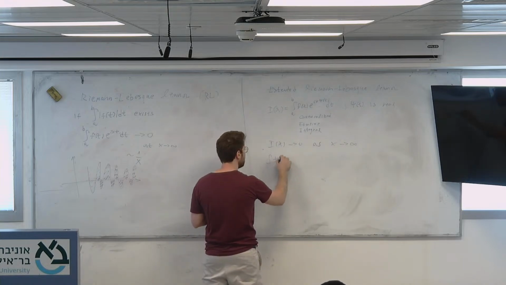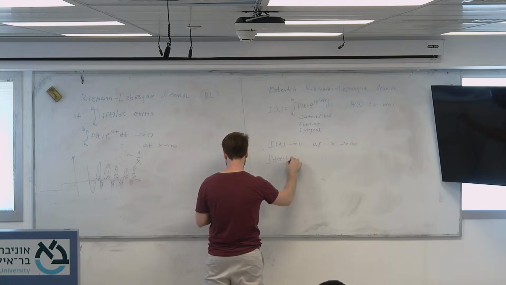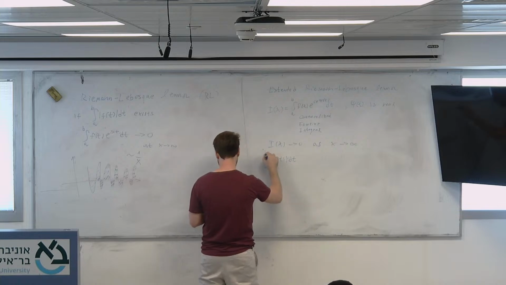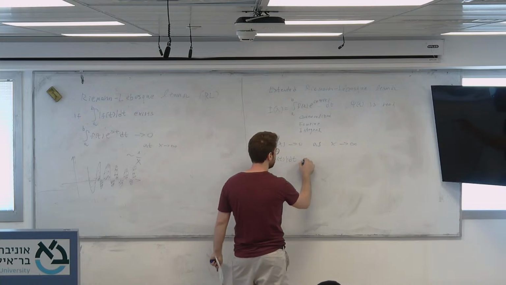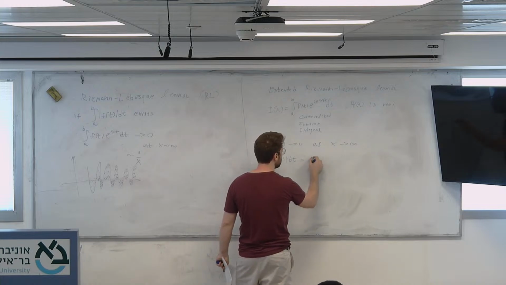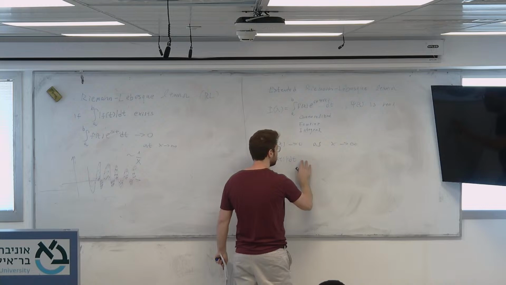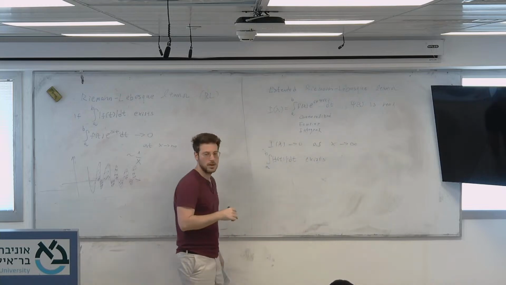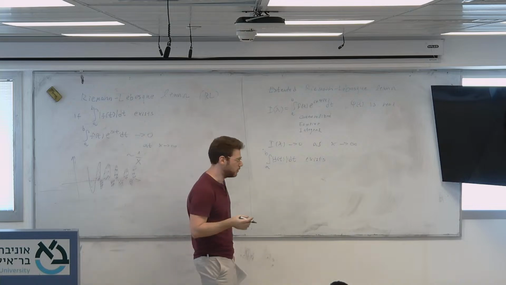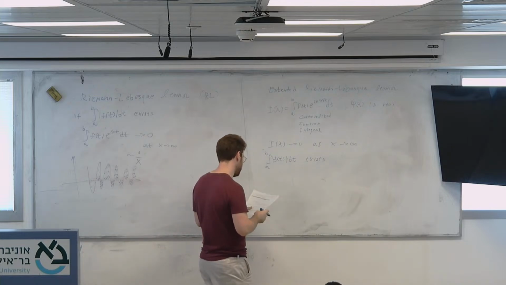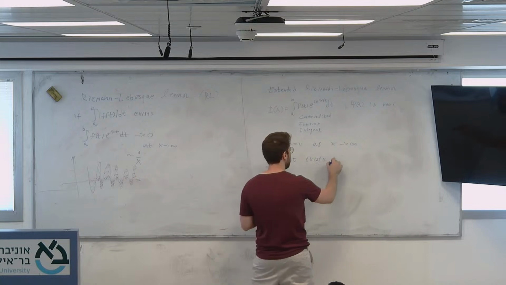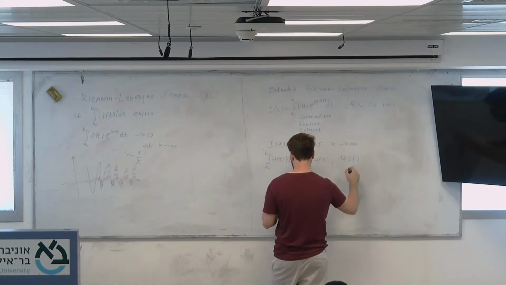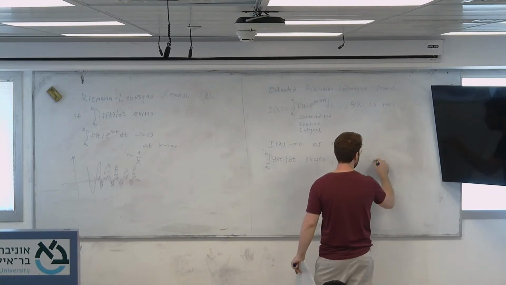So f of t dt from a to b exists, right? Exists means it just doesn't explode, okay? And psi of t is continuously differentiable.